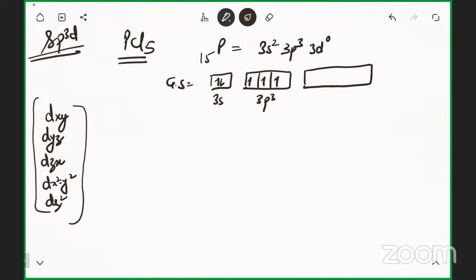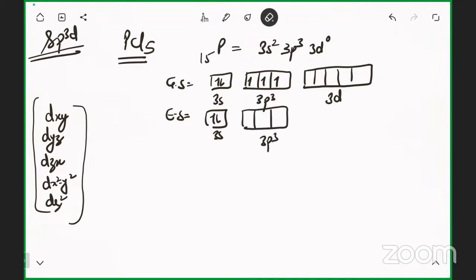Okay, so now we have 5 orbitals in the d. So I'm taking 3d as empty. So we'll go for the excited state. Then this is 3s, 3p3. 1 electron from the 3s will jump into the 3d orbital.